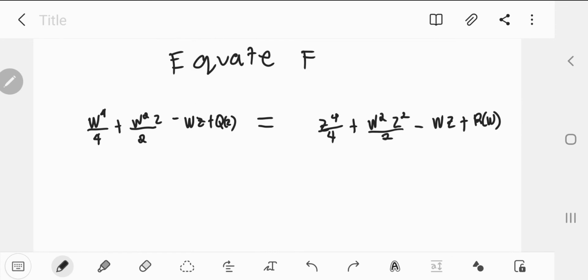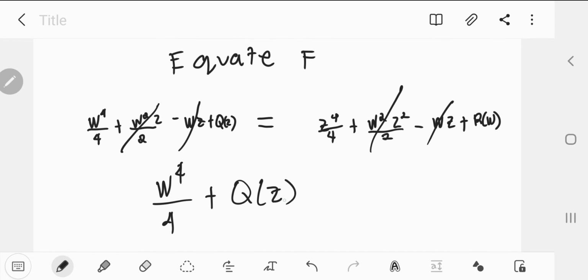Let us equate f. So cancel it, cancel it. So we have w raised to 4 all over 4 plus q of z is equal to z raised to 4 all over 4 plus r of w.